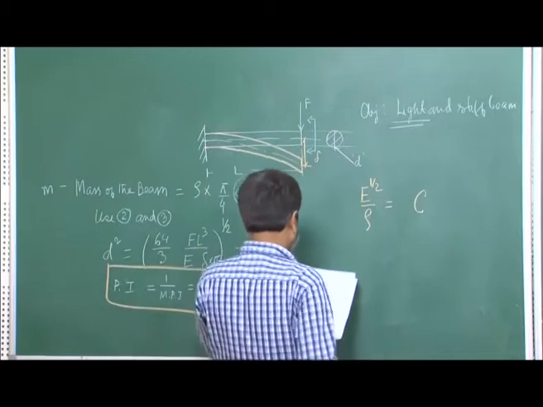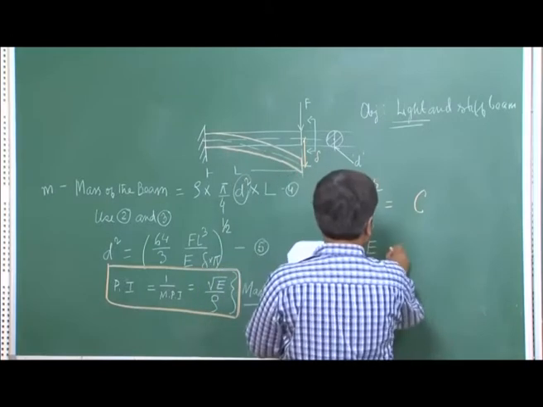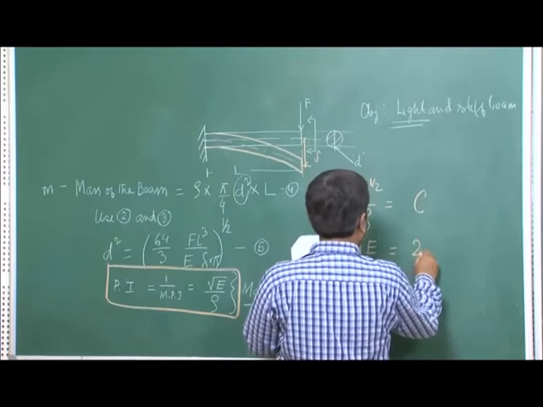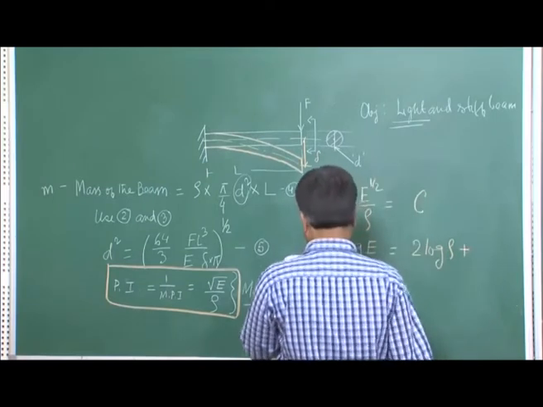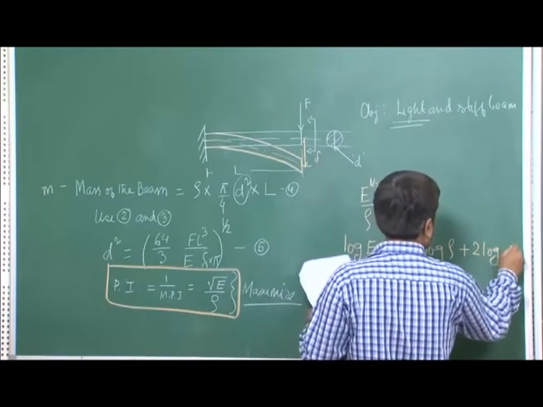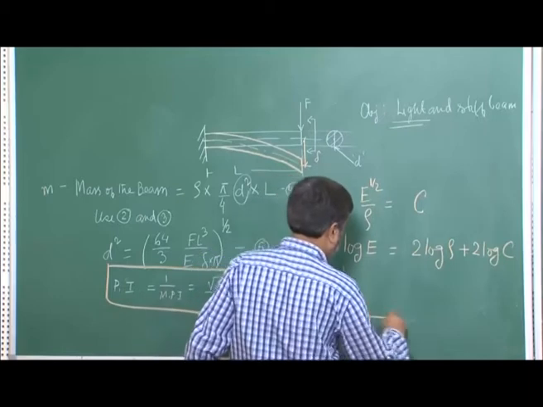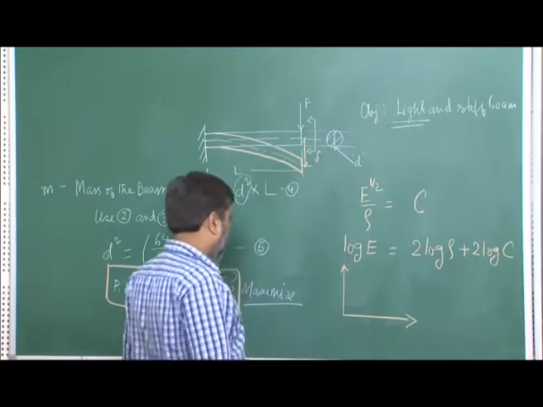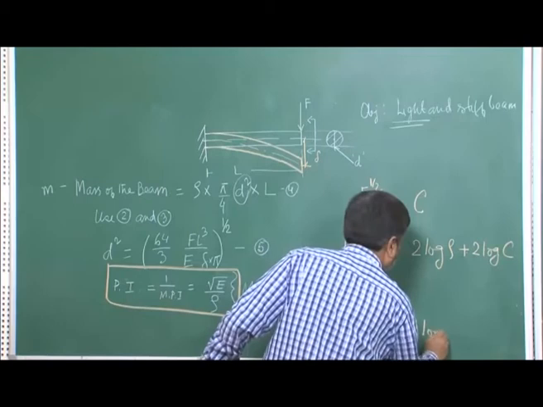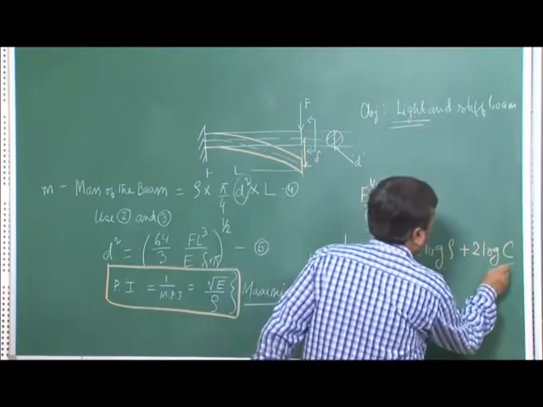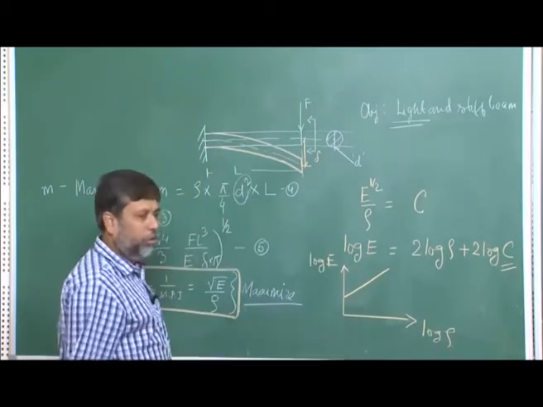Then, by taking a logarithm on both sides, I can get log E equals 2 log rho plus 2 log C. In other words, if we get a log-log plot of log E over log rho, then depending on this cutoff value C, we have a straight line in the log-log plot.